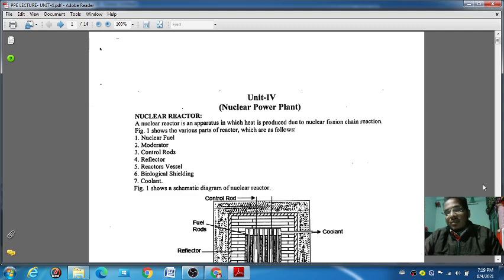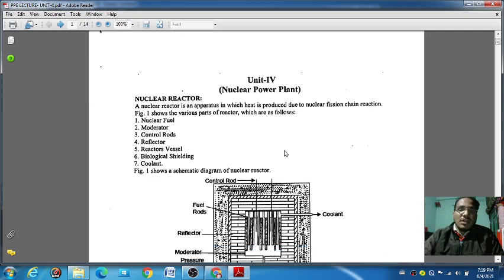As per the comparison, that heat energy will be different. The nuclear fission chain reaction occurs because we are using nuclear energy inside the reactor. There are various parts of the reactor.